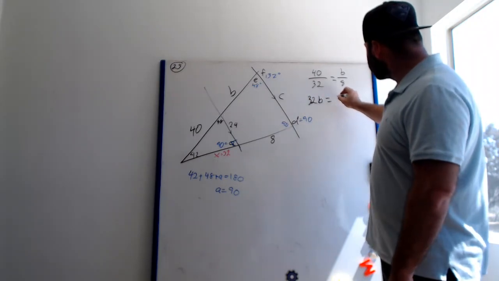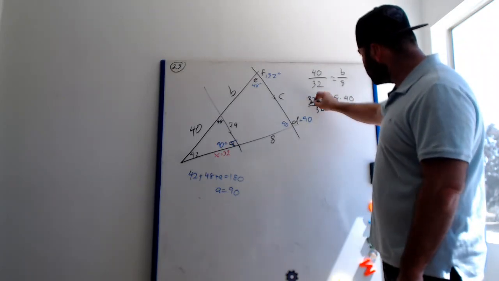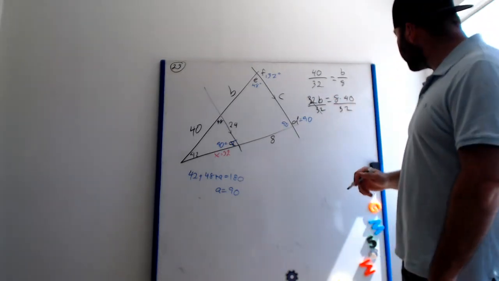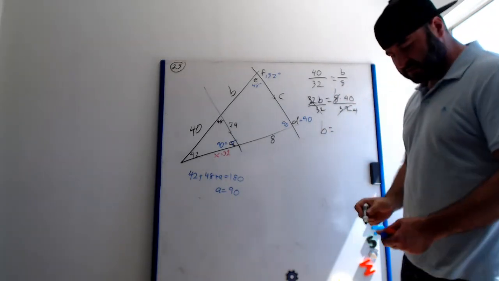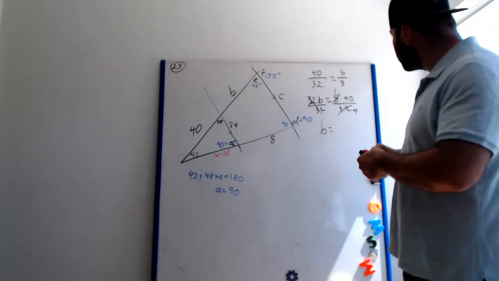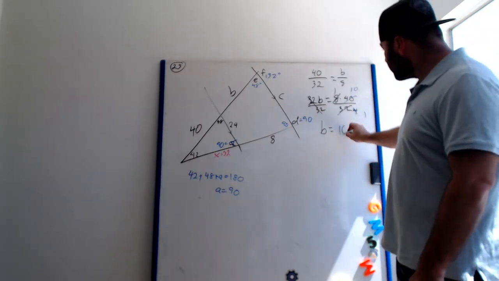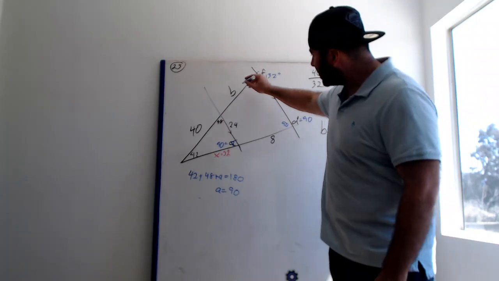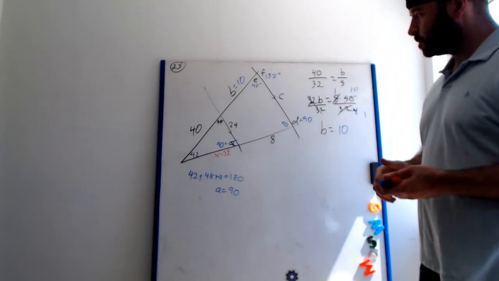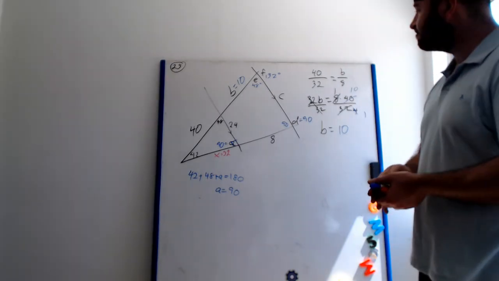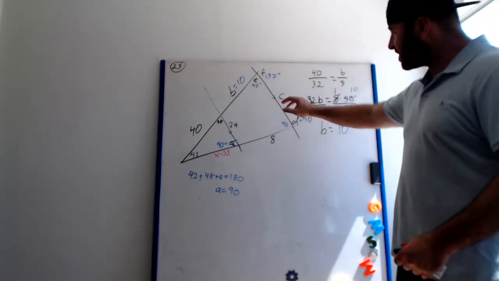I don't actually like to multiply the values just because on this next step when I divide by 32, we're going to get some stuff happening over here. So 8 will cancel out with 32 4 times, and then the 4 will cancel out with the 40 10 times. So we end up with B having a value of 10.